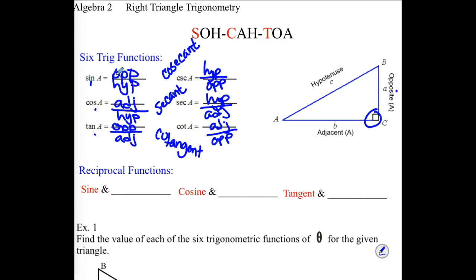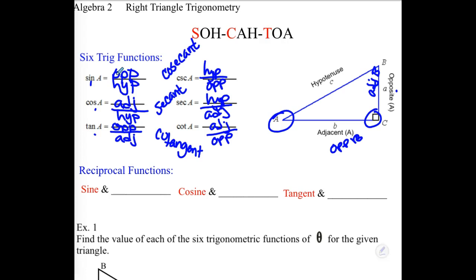If I'm referencing angle A, side BC would be opposite angle A. Side AC would be adjacent to angle A. But if I shift and start talking about angle B, now this side is opposite B, and this side is adjacent to angle B. So you have to put it in the context of which angle you're working with. The one opposite the right angle is always going to be your hypotenuse.